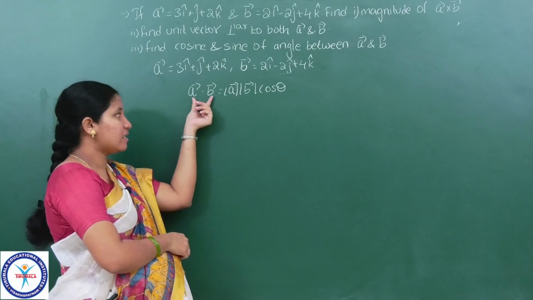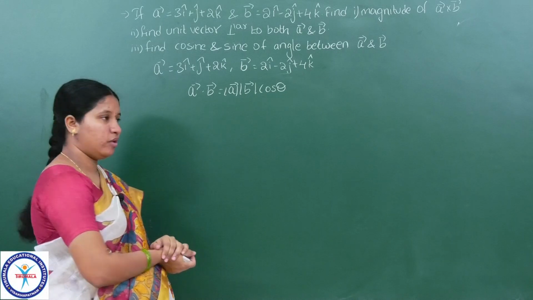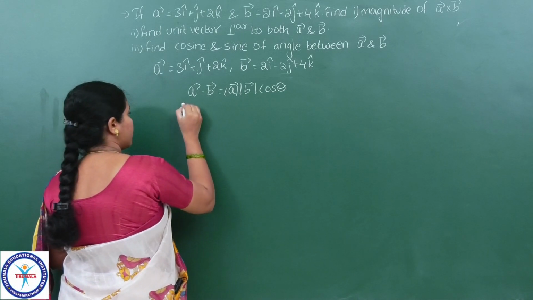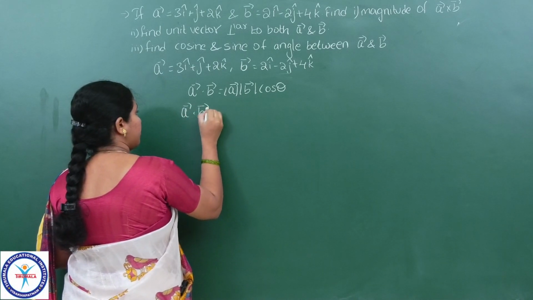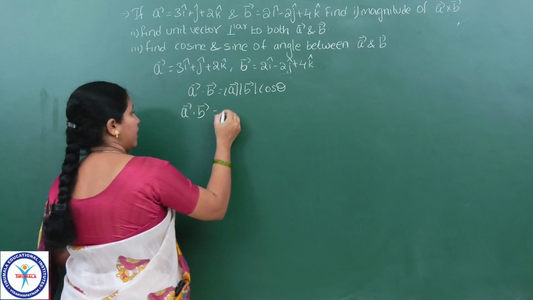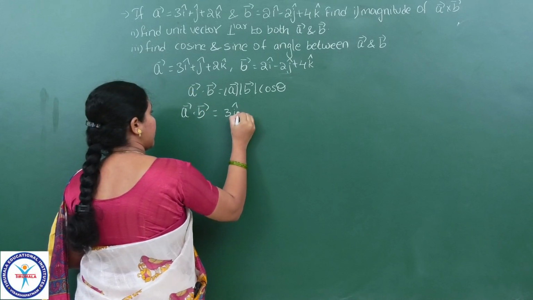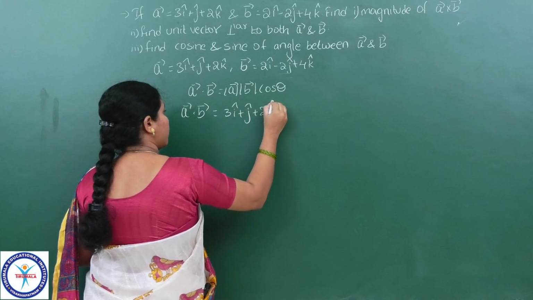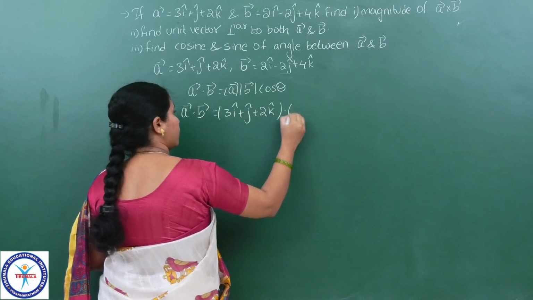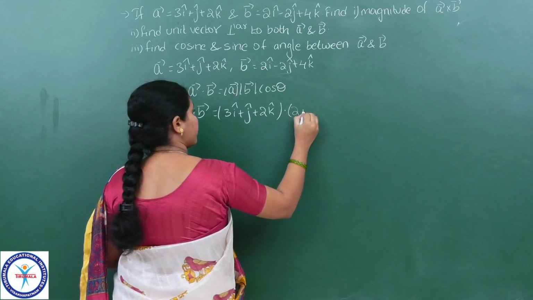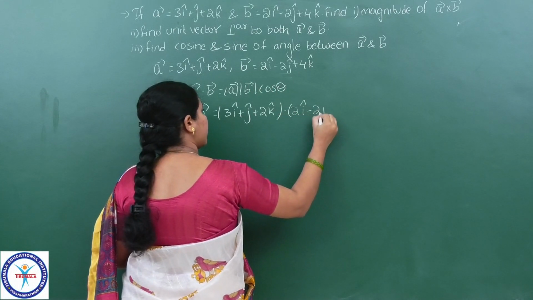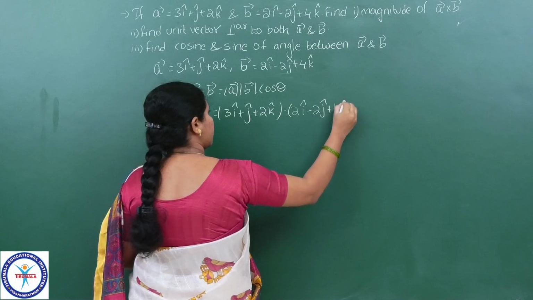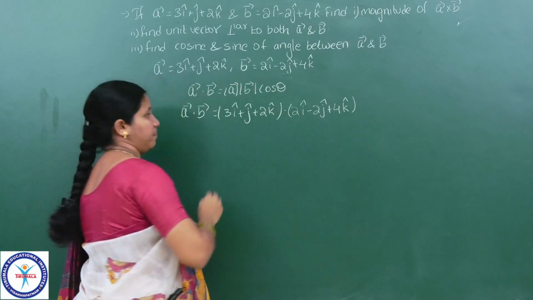So first let us find the value of A bar dot B bar. So A bar dot B bar is equal to, A bar vector is 3i cap plus j cap plus 2k cap, dot B bar vector is 2i cap minus 2j cap plus 4k cap.